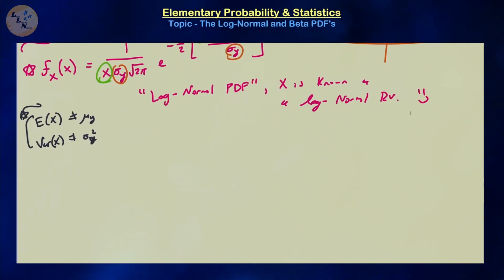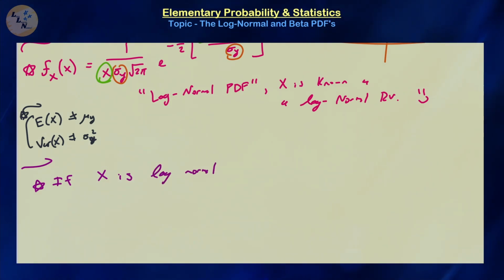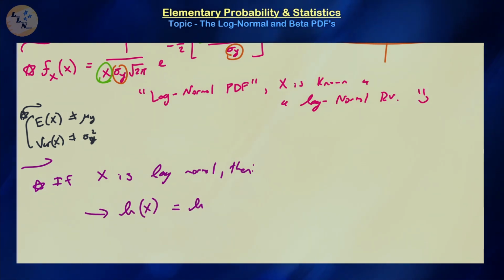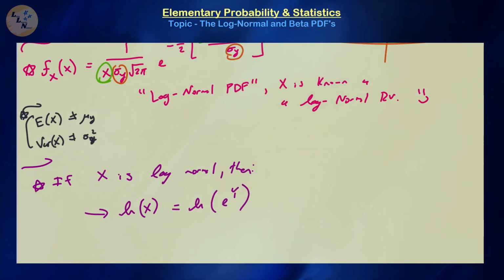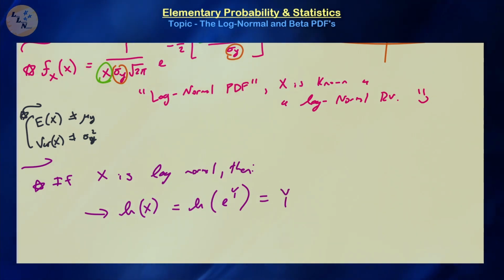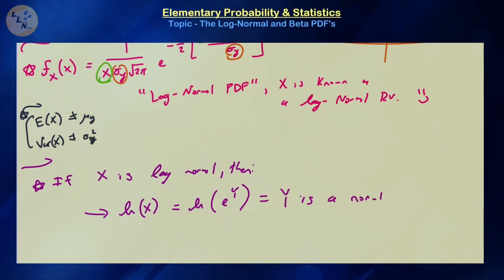So what is the connection between a log normal and a normal random variable? If x is log normal, then the following is true. The natural log of x, remember how x was defined as the exponential of a normal random variable, and we know that the natural log of e to the y is just going to be equal to y, and y is a normal random variable.